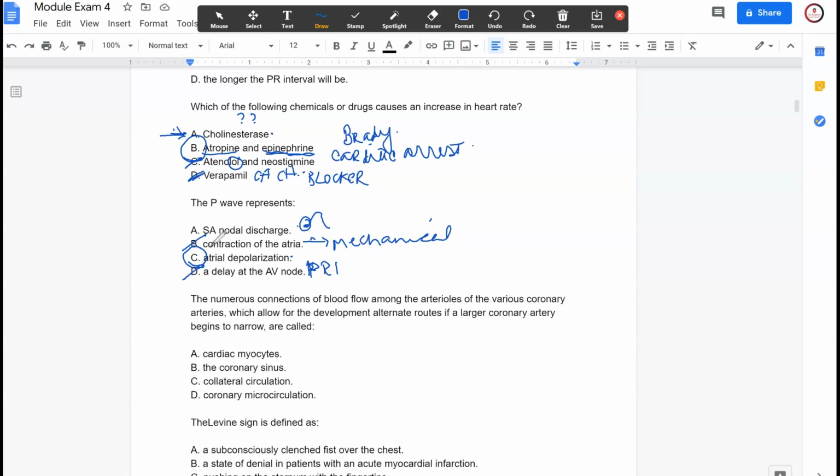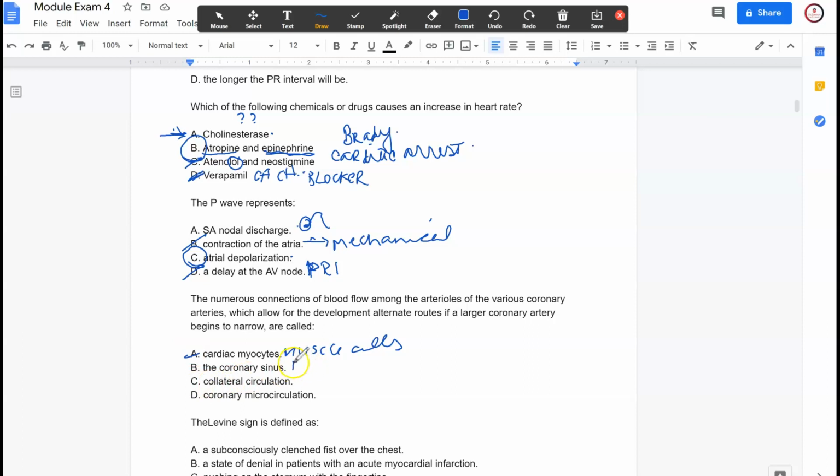Numerous connections of blood flow among the arterioles of various coronary arteries, which allow for the development of alternate routes if a larger coronary artery begins to narrow, are called what? I can see how one of these answers could have thrown you off. Cardiac myocytes are the muscle cells themselves, so that's not it.